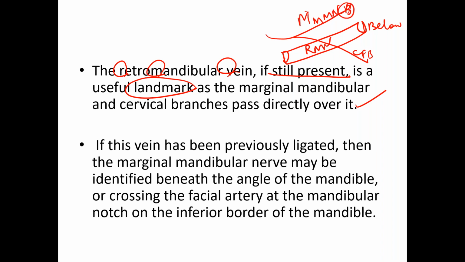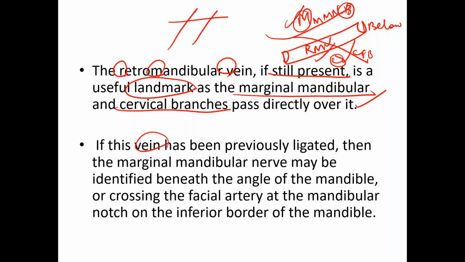This is BMC, and in the BMC, it is MC. So M is the marginal mandibular nerve, C is the cervicofacial nerve. This retromandibular vein helps us as a landmark in identifying the marginal mandibular and cervical branches, which pass directly over it. That is the importance of this vein.